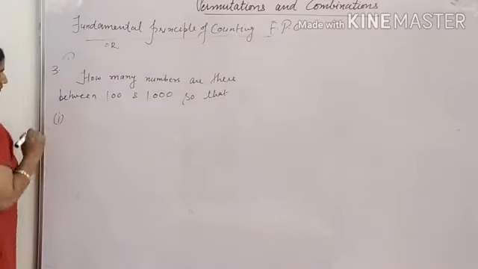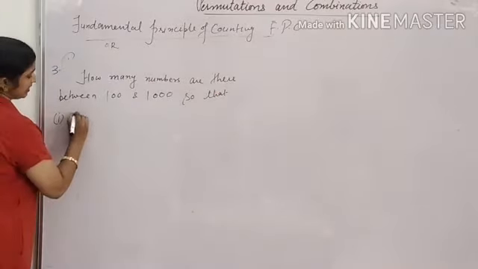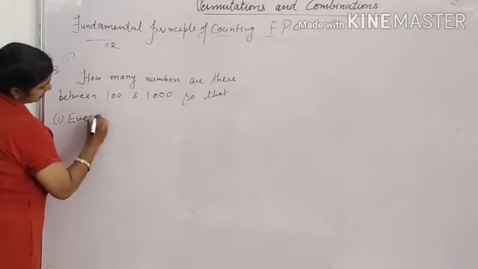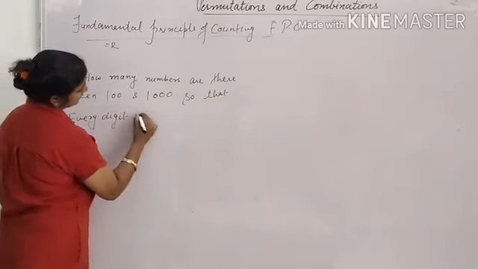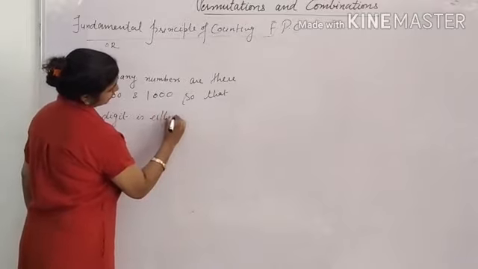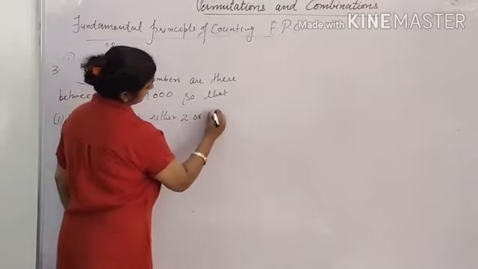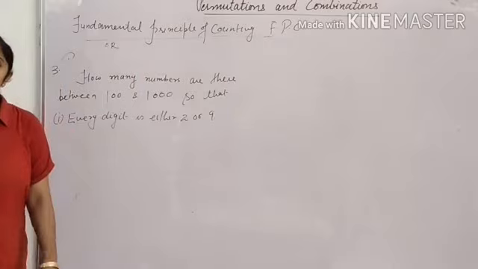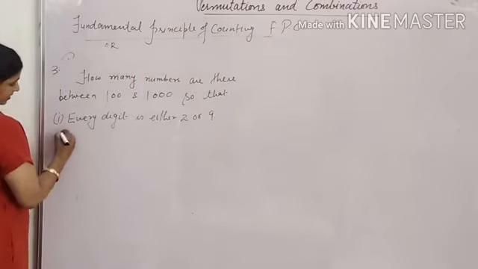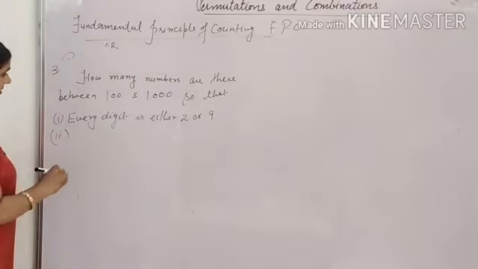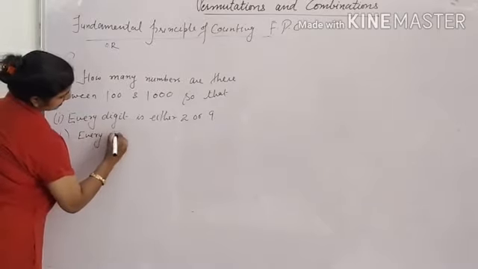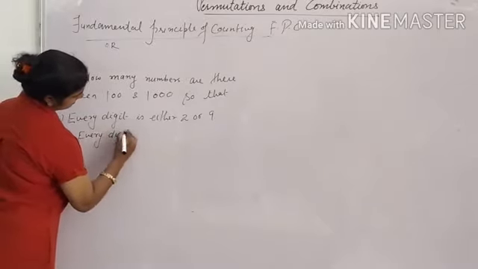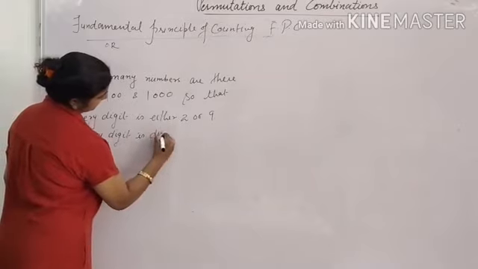Number 1, 2 parts. Every digit is either 2 or 9. Another, we want to calculate every digit is distinct.